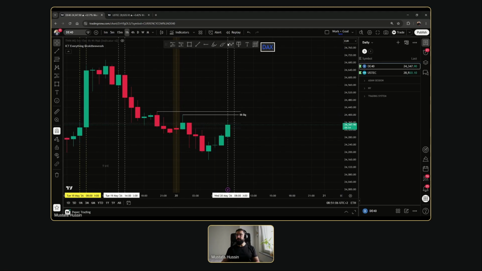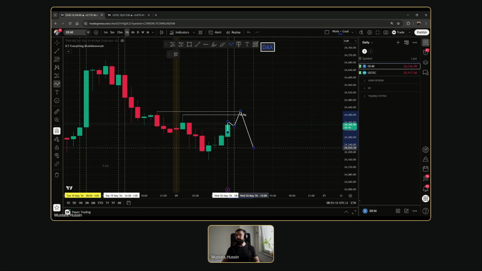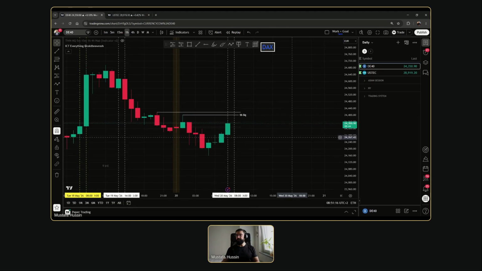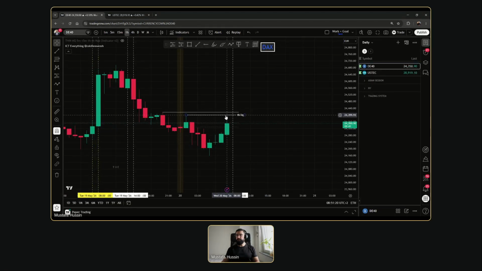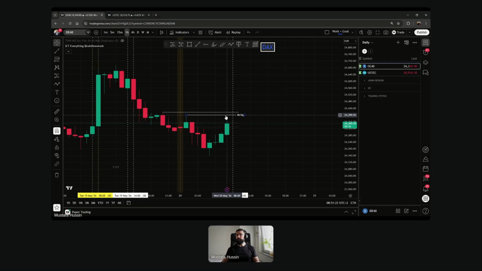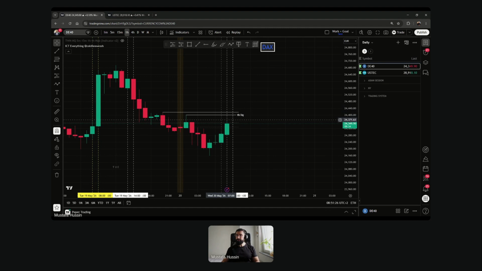Either it continues to the downside, gives us a move, takes out the liquidity, and continues to the downside, or it gives us a school run, giving us a close of the 15-minute candle outside the overnight range, and it continues to the upside.